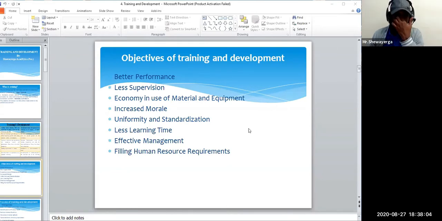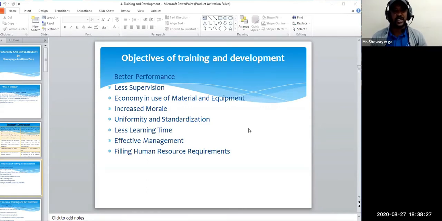So one of the objectives of training and development is to increase moral, which means to increase the motivation of employees. Another one is to create uniformity and standardization in all areas, in all tasks and in all departments, sections or units.